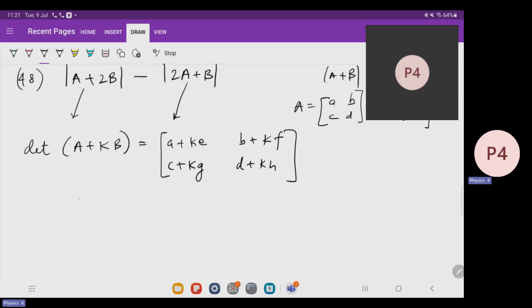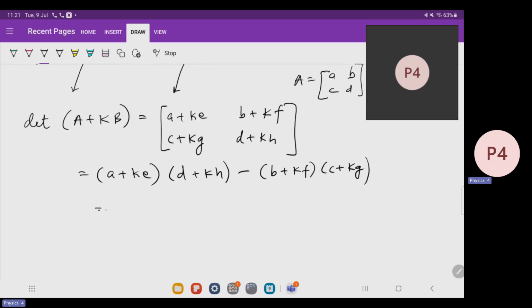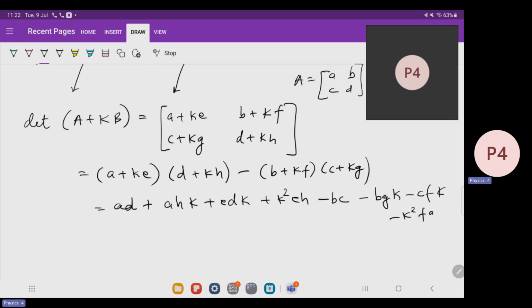Now if you expand this, you will get A plus KE into D plus KH minus B plus KF into C plus KG. So this would be AD plus AHK plus EDK plus K square EH. This would be minus BC minus BGK minus CFK minus K square FG.